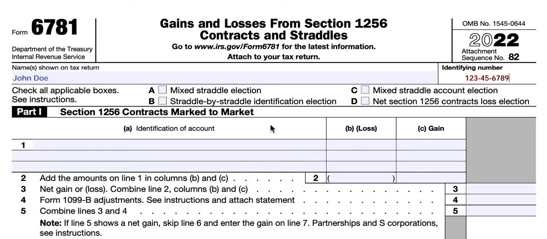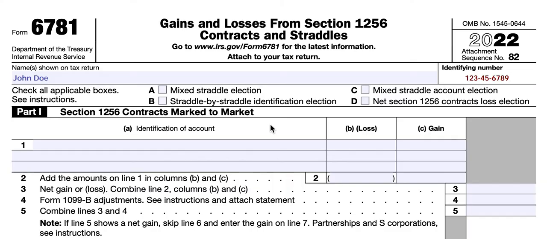Wash sale rules don't apply, but if your contracts produce a capital gain or a loss, then your gains or losses on these open contracts, or any contracts that were terminated during the year, are treated as 60% long-term gain and 40% short-term gain, regardless of how long the contract is actually held.